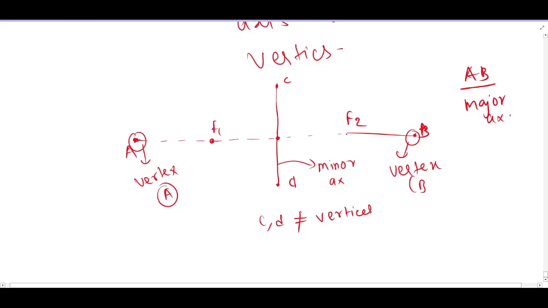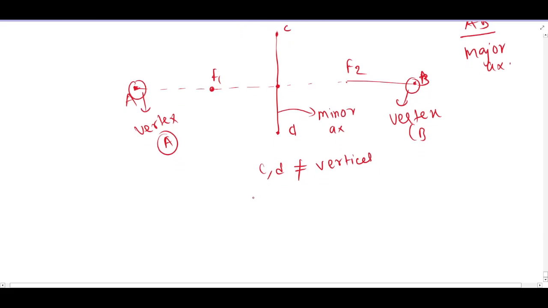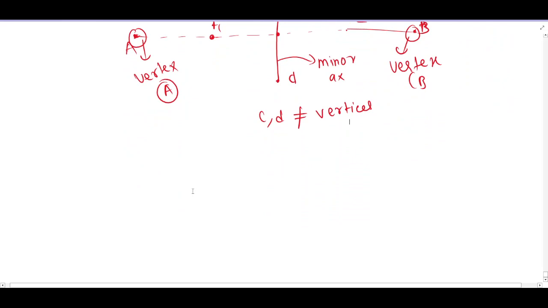So only the endpoints of the major axis can be called vertices of an ellipse.